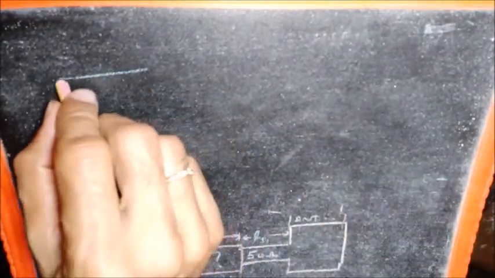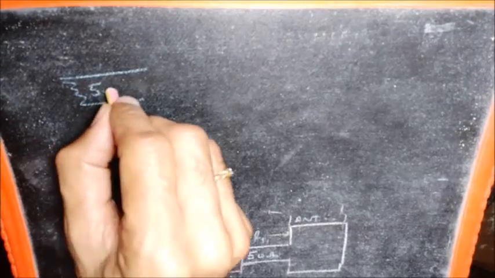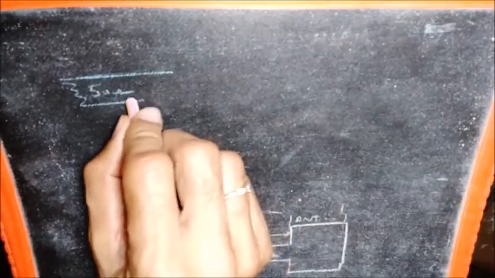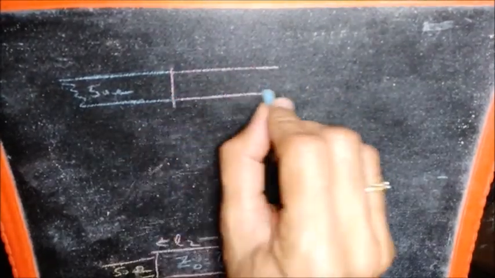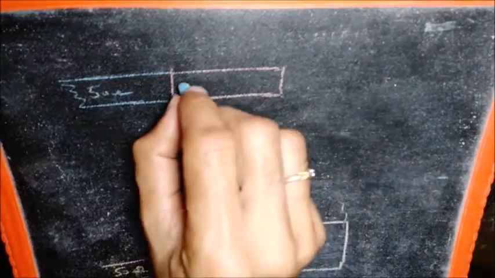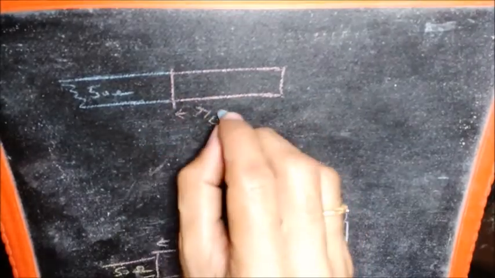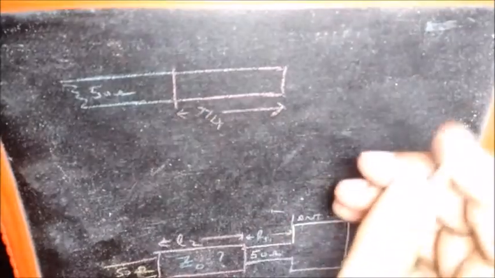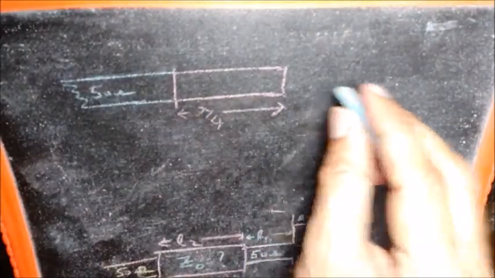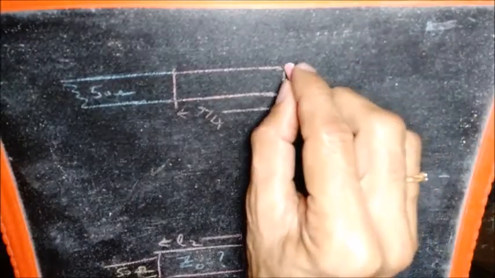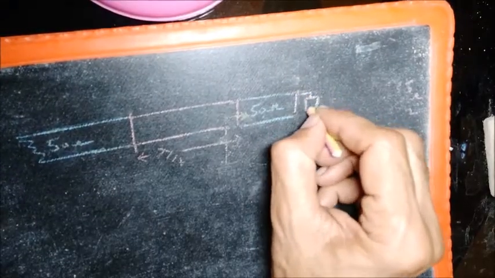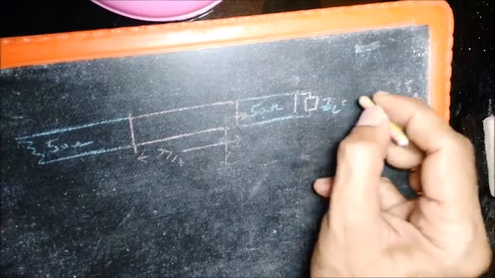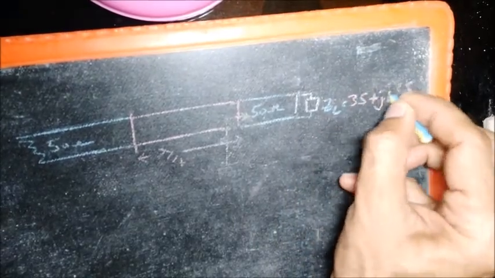We have a 50 ohm transmission line, a long line, and we have a lambda by 4 matching quarter wave line which is doing the job of a matching transformer, and then we have a 50 ohm section, and the output of that is connected to a load ZL which is 35 plus j35 ohms.